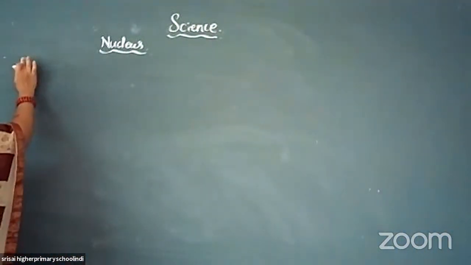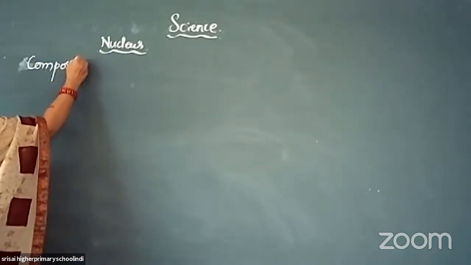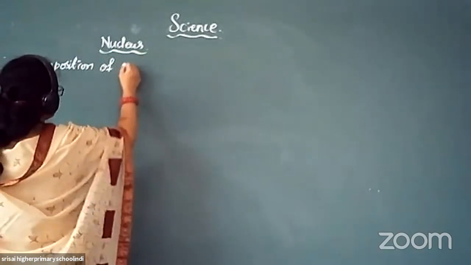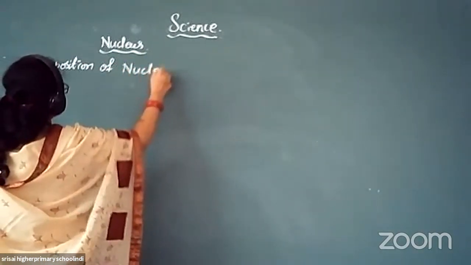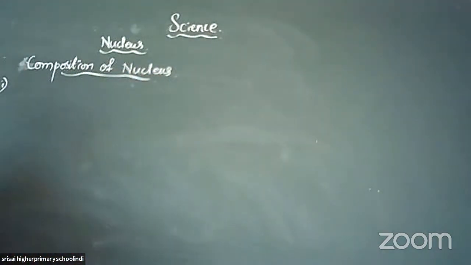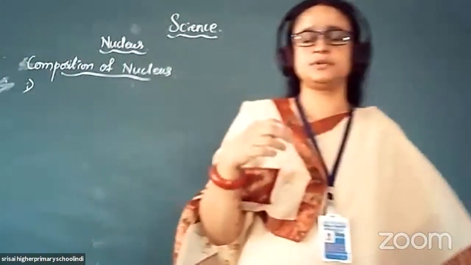In the previous class, I told you in brief the composition of the nucleus. Can you tell me the two points we discussed? First point: nuclear membrane. What did you study about the nuclear membrane?